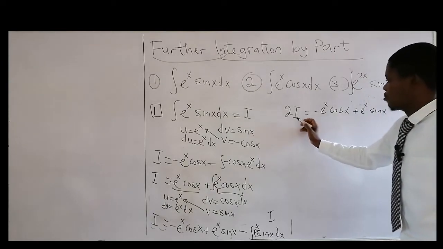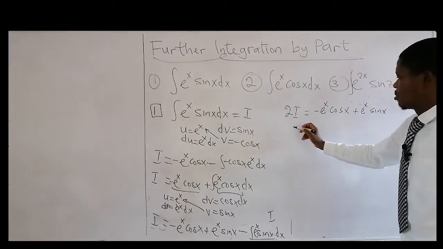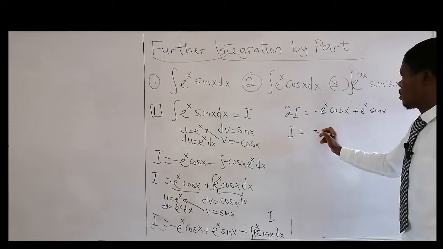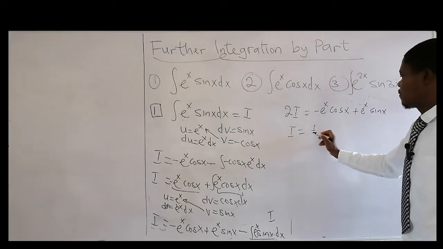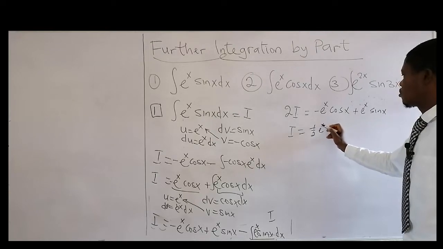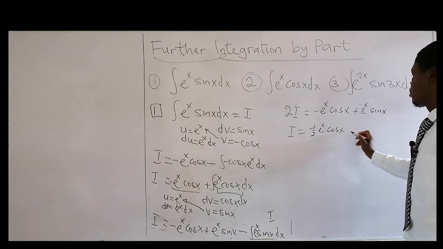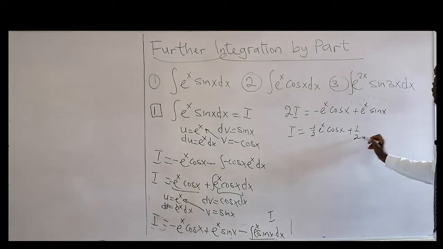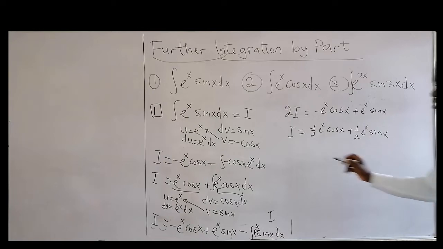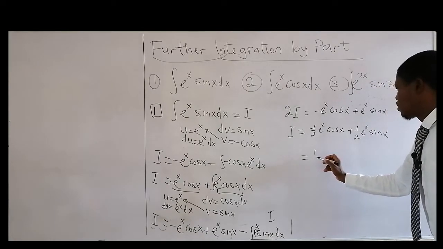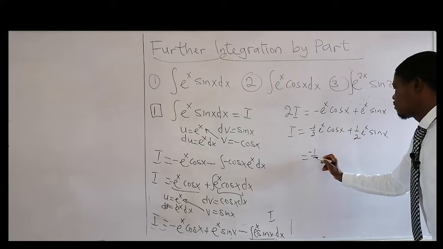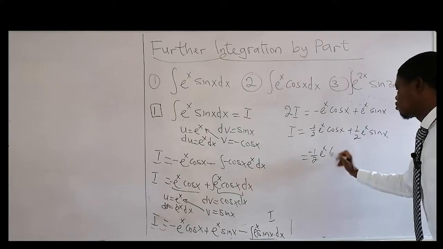Okay, so my I, that's my question, so I is equal to, over 2, that's a half, minus half e^x cos x, then plus half e^x sin x. So that's our answer. We can factorize if we want. We can factorize the minus half e^x out.